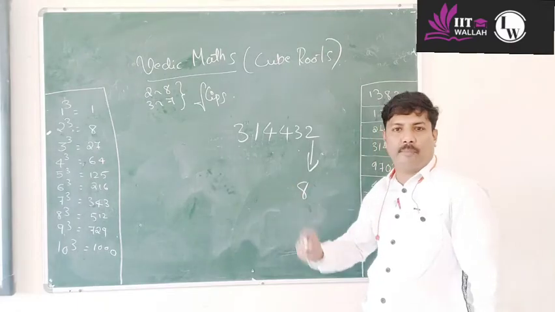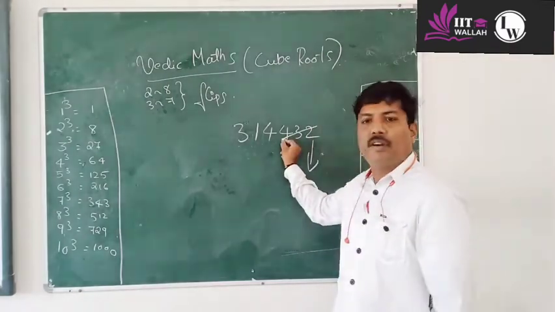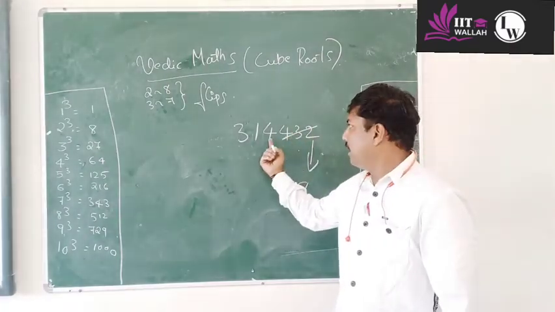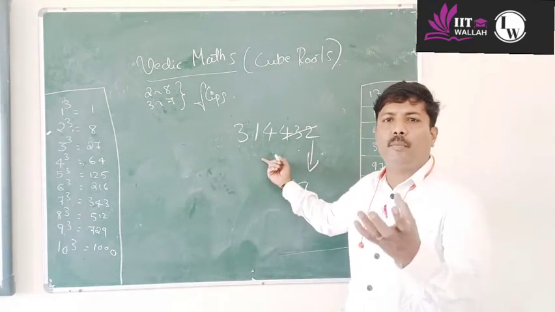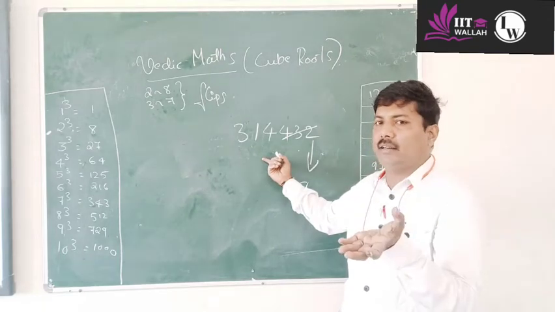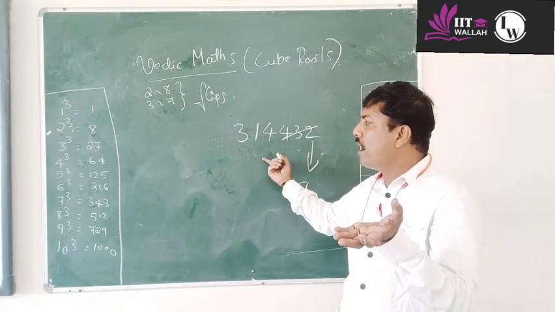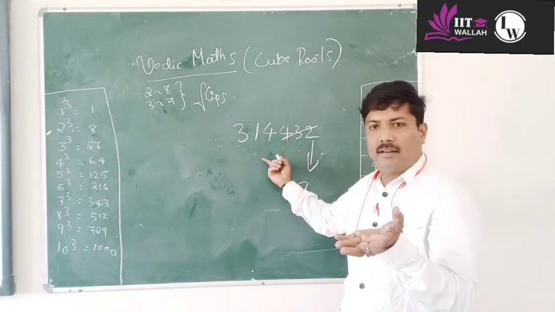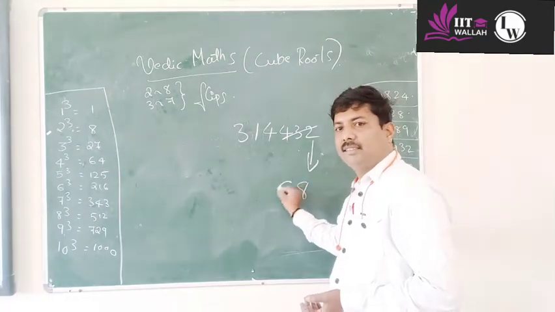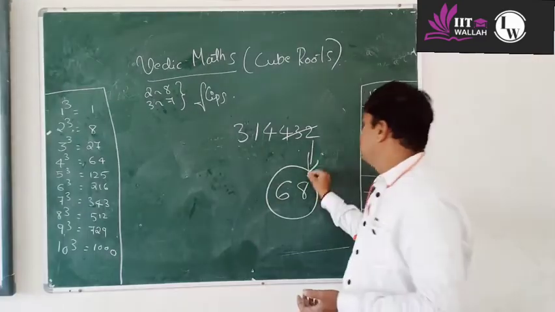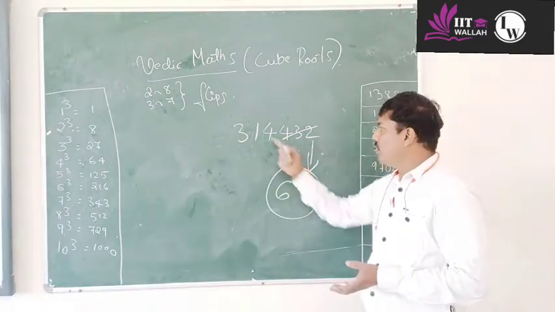And cut the first 3 digits. The remaining number is 314. Which is the perfect cube nearby 314, below 314? It is 216, and its cube root is 6. So 68 is the cube root of this big number.